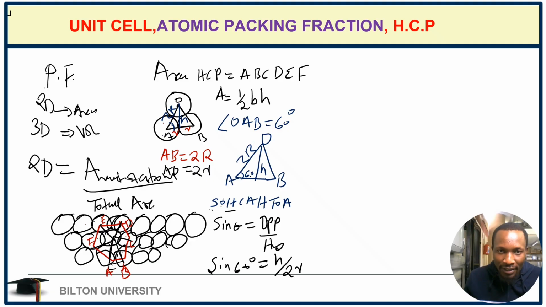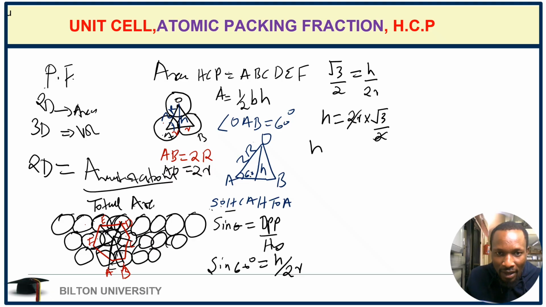So we can find H by saying sin 60 is root 3 over 2. So root 3 over 2 is equal to H over 2R, and that makes H equal to 2R times root 3 over 2. The 2 can cancel the 2, making H equal to root 3 R.